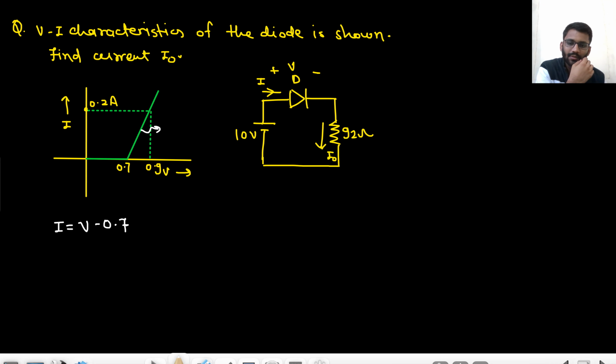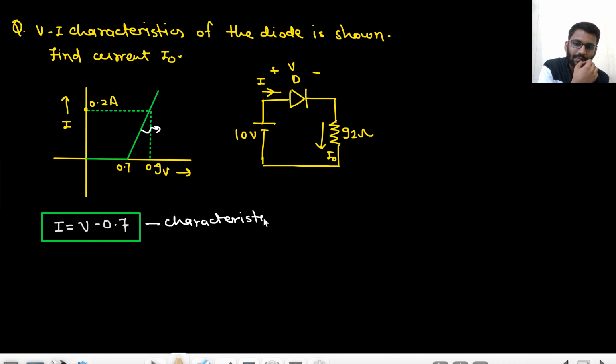This is the characteristic equation. Now what is the load line? The load line will be 10 minus V is equal to 92I. Right? This is the load line.